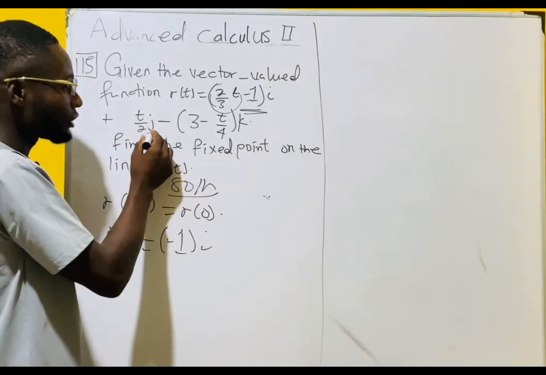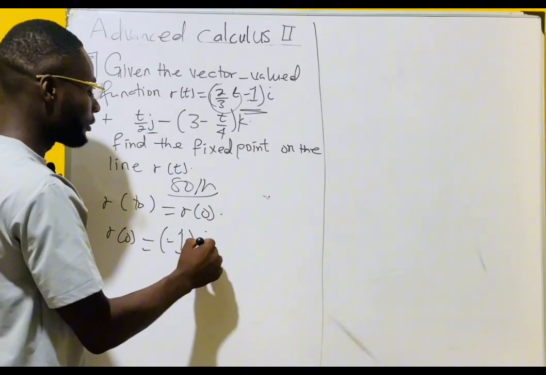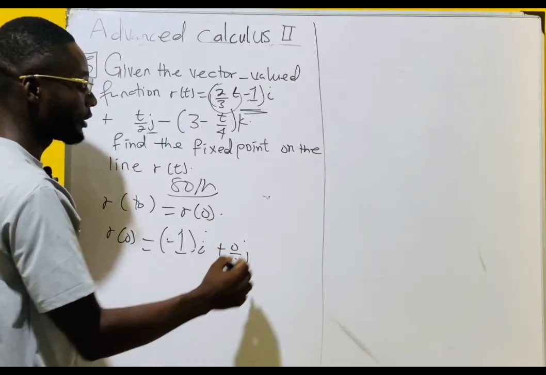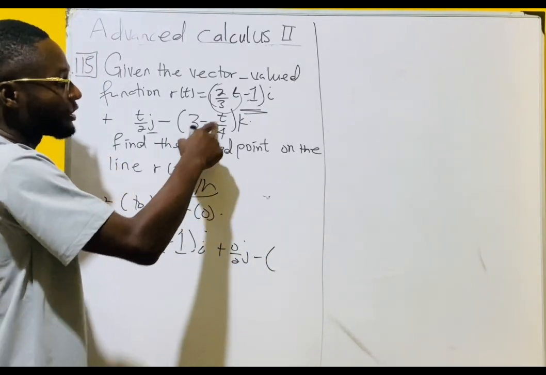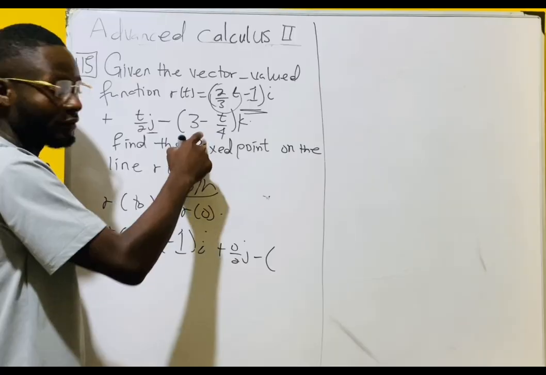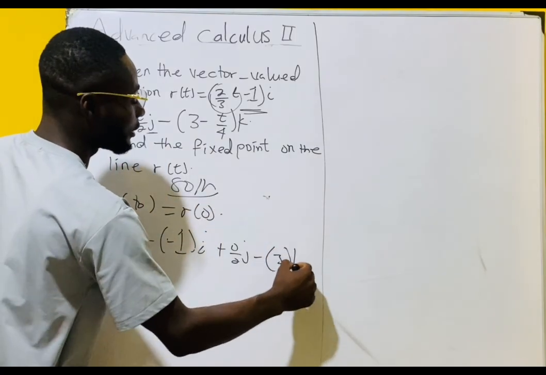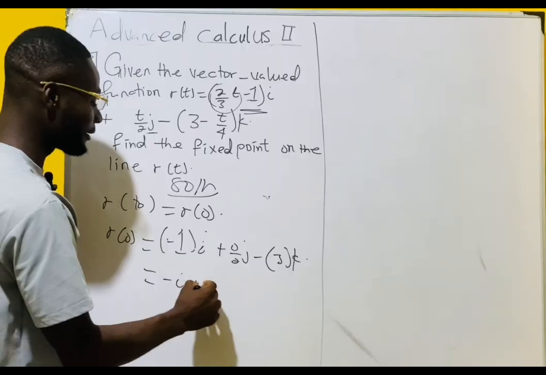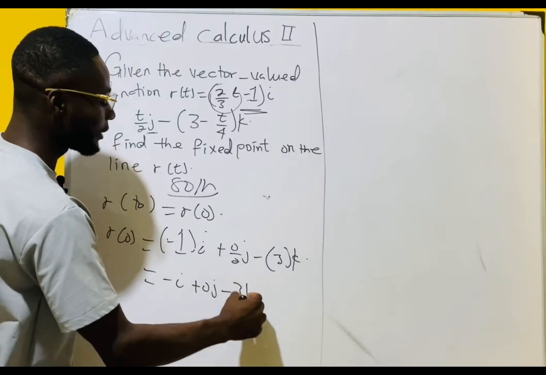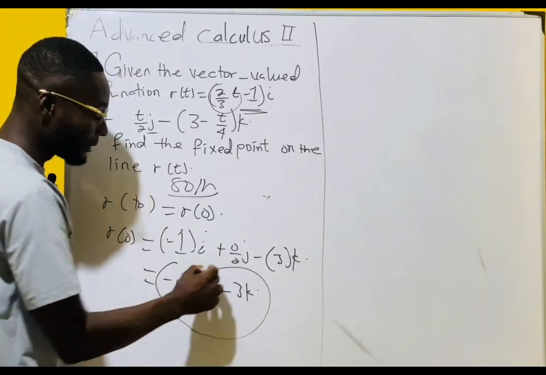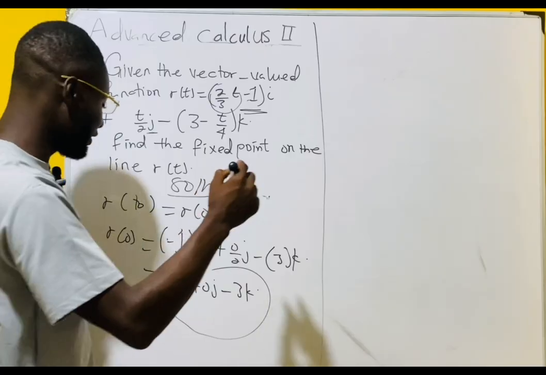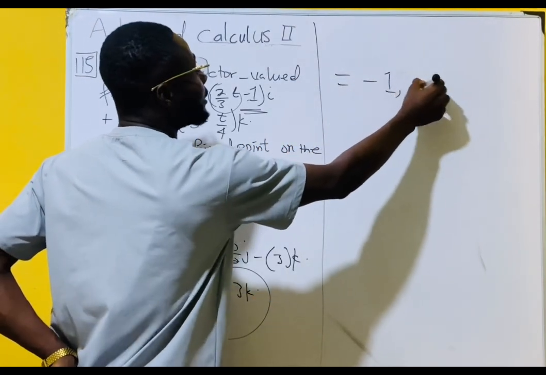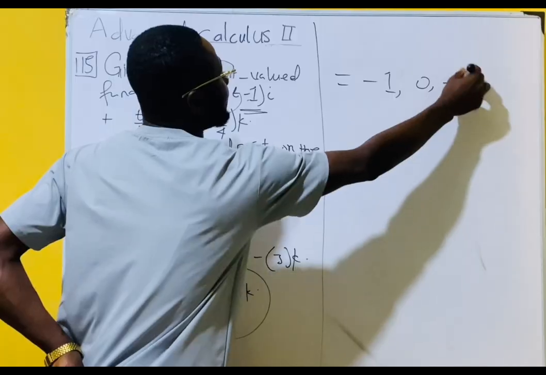Then the j portion is going to be 0 over 2 j, minus, when you substitute 0 here, you're going to have 3k. So we have negative i plus 0j minus 3k. So this becomes our fixed point. Our fixed point will be negative 1, 0, and negative 3.